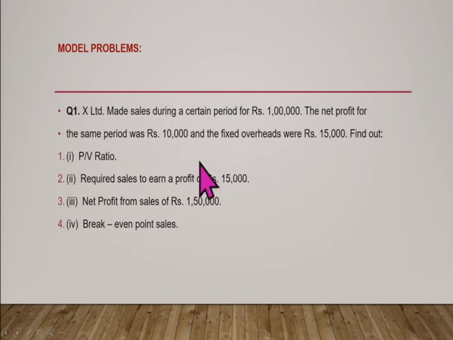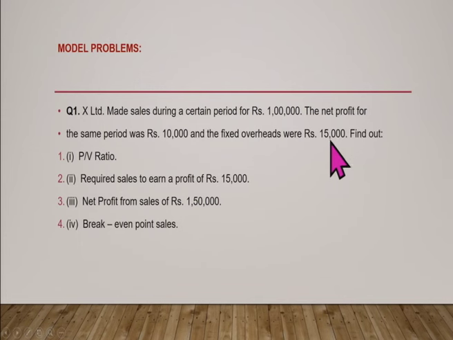First, to calculate the PV ratio, what do we require? Contribution and sales. Contribution, how do we know that? Here there is already a clue for the calculation of contribution. Fixed cost is given, profit is also given. So, fixed cost plus profit is nothing but contribution.